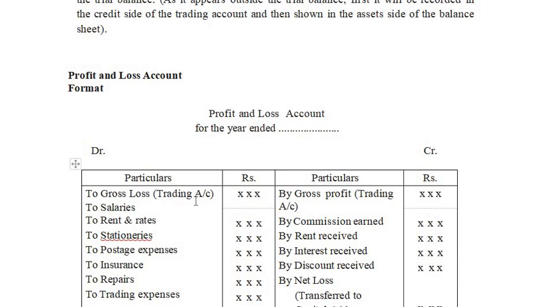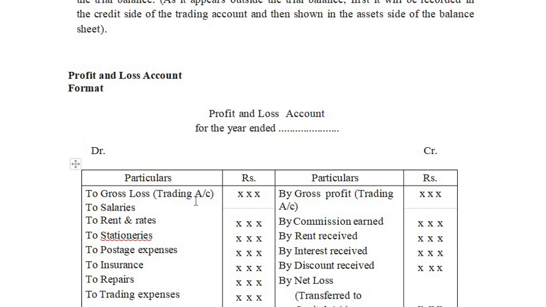After transferring that, you have to record all other indirect expenses on the left hand side or debit side of your P&L account, and on the credit side you have to record all indirect incomes, on the right hand side.